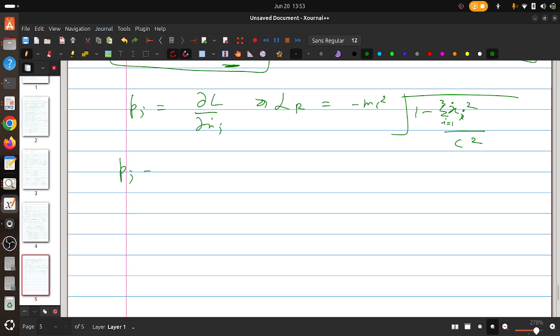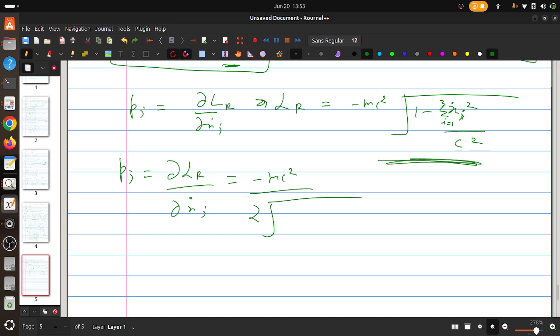So P_j would be simply the differentiation of this with respect to ẋ_j. So the Lagrangian differentiation with respect to ẋ_j will give us minus mc² upon 2 root 1 minus u²/c², because this was just u²/c², so it's rewritten in that form. And then we multiply and differentiate.